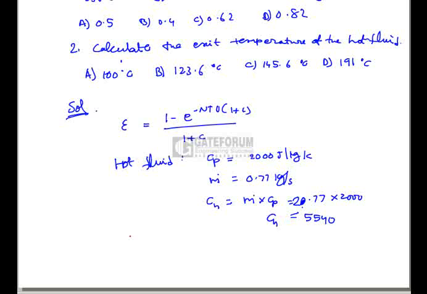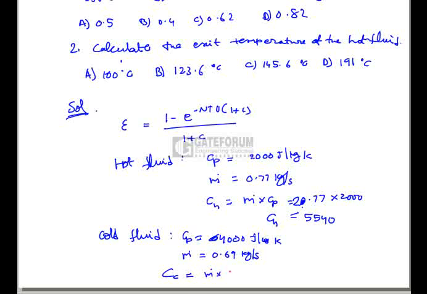And now consider the cold fluid data having specific heat Cp equal to 4000 joule per kg Kelvin, and mass flow rate of the fluid is equal to 0.69 kg per second. Now the heat capacity of the cold fluid is equal to the product of mass flow rate into specific heat of the cold fluid.